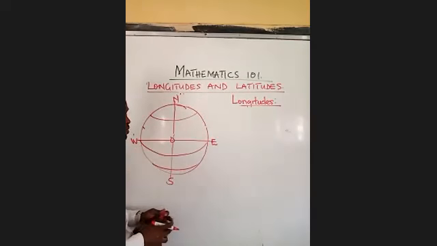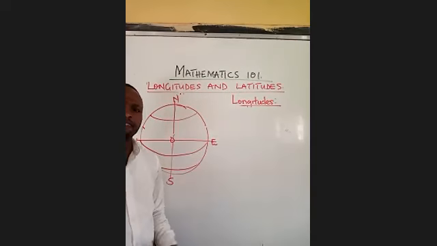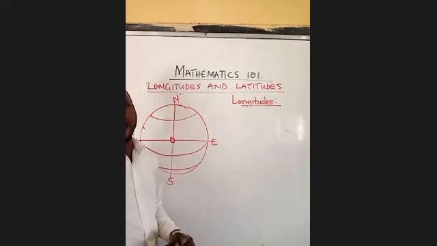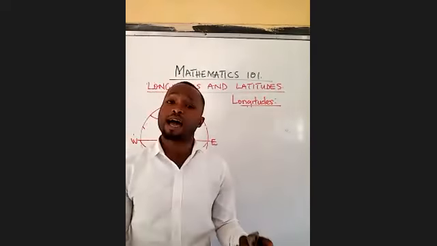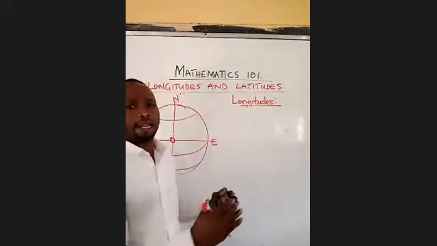Now let's see. All these things are latitudes. Let us complete them now and see the one that also has the center of the earth. So don't forget, any imaginary line that has the center of the earth, we call that great circle. Is there any great circle in these latitudes?